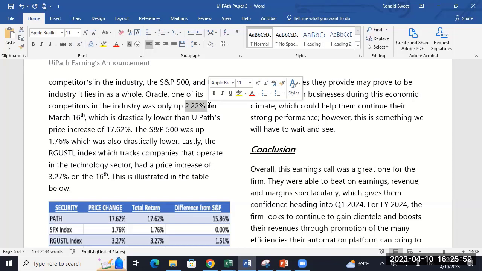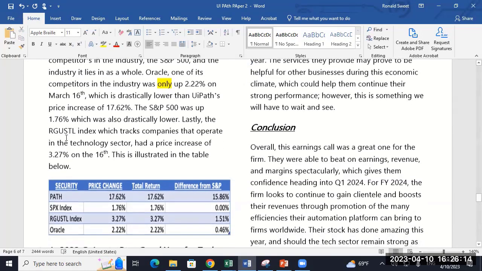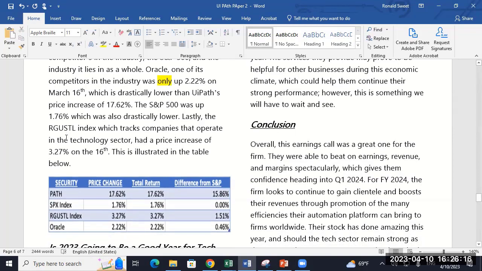And while this is a strong day for the market, and the market was up X%, Oracle's up X%, obviously the market was reacting very strongly to this earnings report. This word bothers me a little bit. Only up 2.22%? That's pretty good. So you've got to find some way to say, yeah, it was a strong day for the market. However, they're up 17%. Obviously, the market's reacting very strongly there.